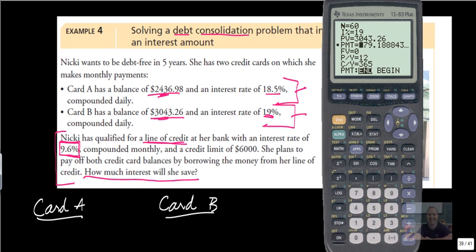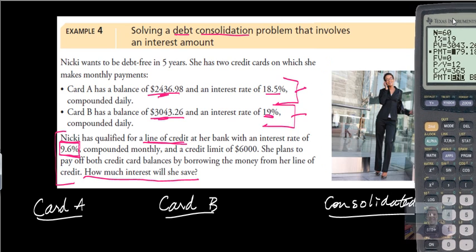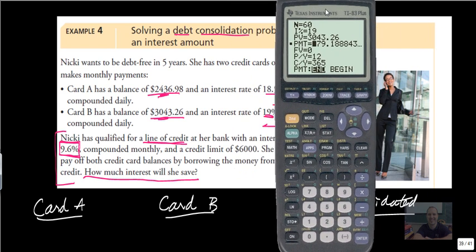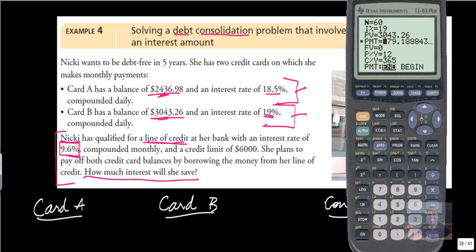All right, so for this example, I'll just write out this alternative method that I'm talking about. So what we just did here was I just did the total amount.